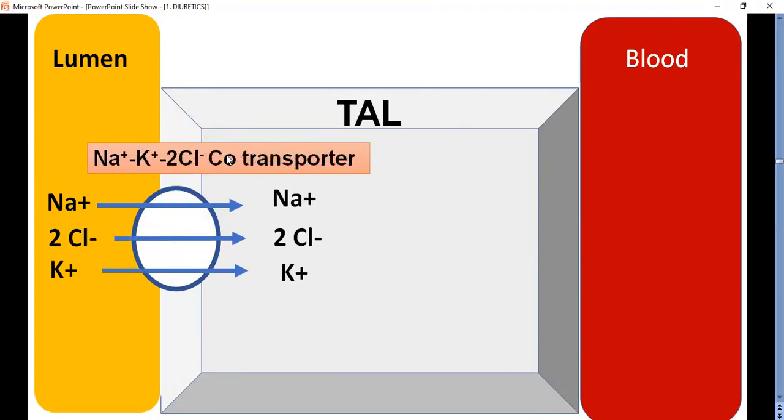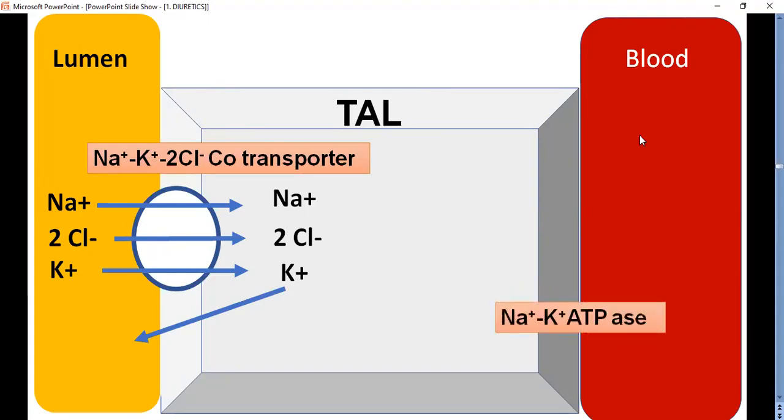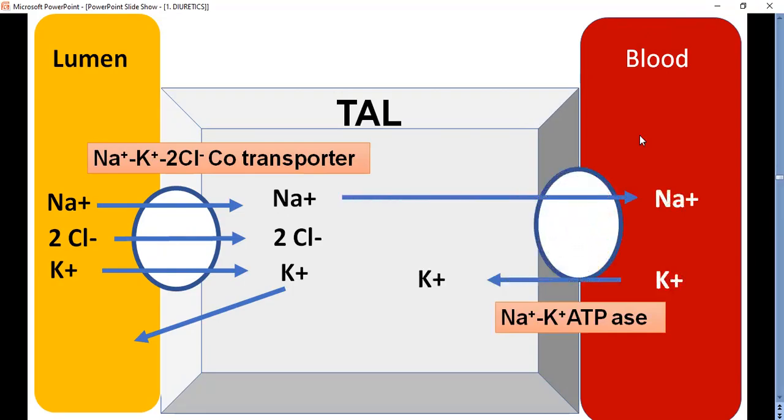There is a co-transporter present on the luminal side of the epithelium, which is known as sodium 2 chloride potassium co-transporter, which allows reabsorption of sodium, chloride and potassium into the blood. This sodium is reabsorbed back into the blood with the help of the sodium potassium ATPase pump.